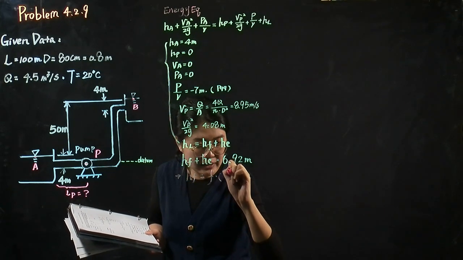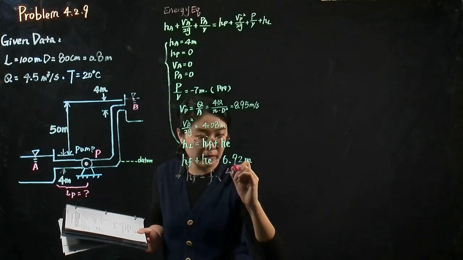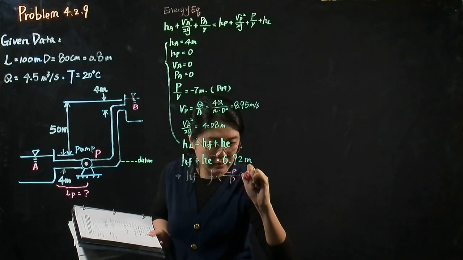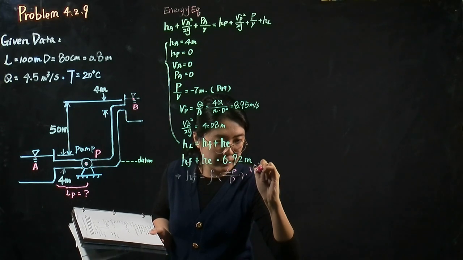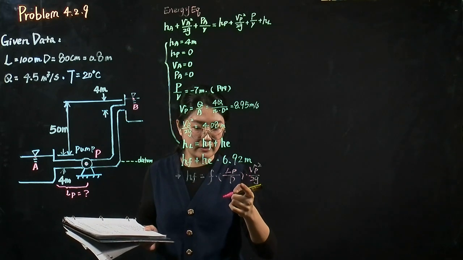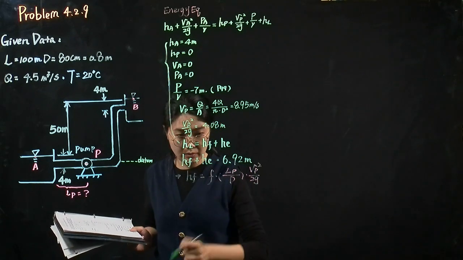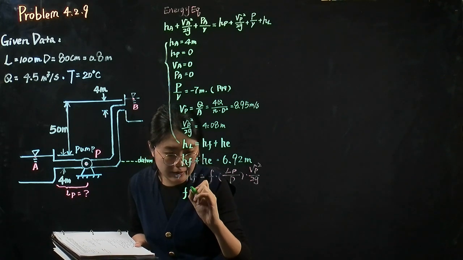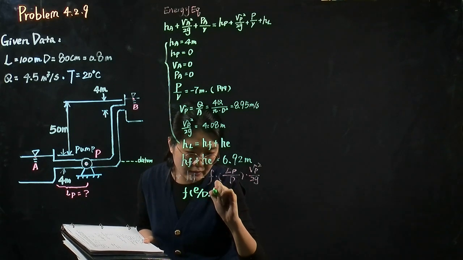It's the friction factor times LP in our problem, over diameter, times Vp squared over 2g. In this equation, the only unknown is LP. So the value of the friction factor depends on the relative roughness and the Reynolds number.